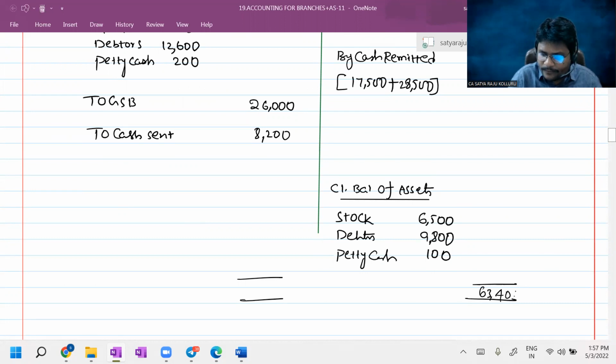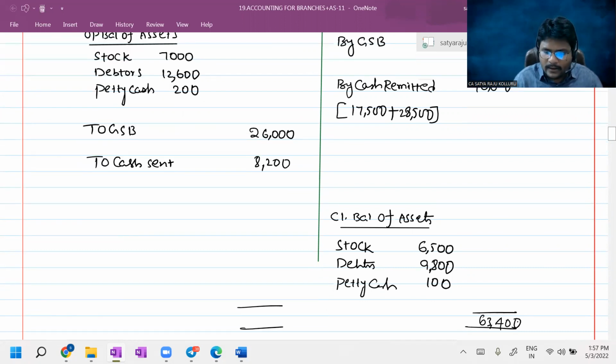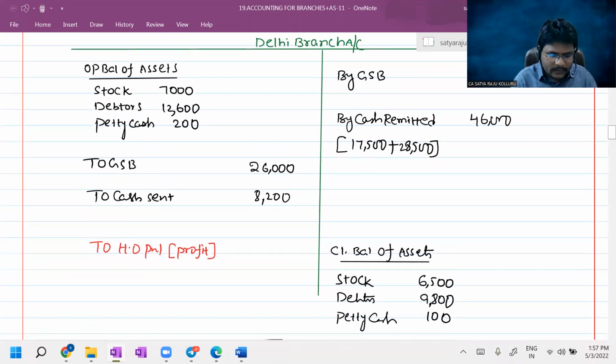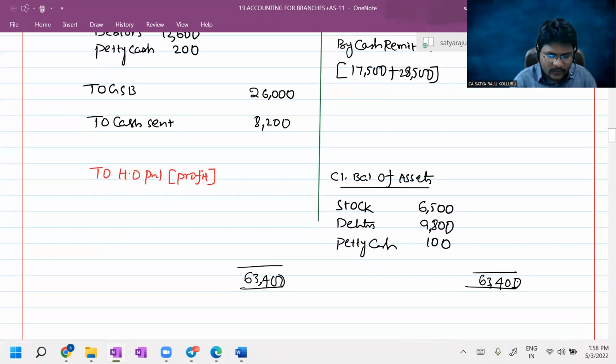On this side, opening 7,000 plus 12,600 plus 200 plus 26,000 plus 8,200, and if you compare with 63,400, you will get the difference. The difference you can transfer to head office P&L, in brackets, which is a profit situation.